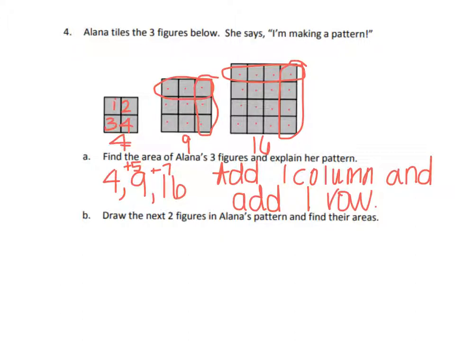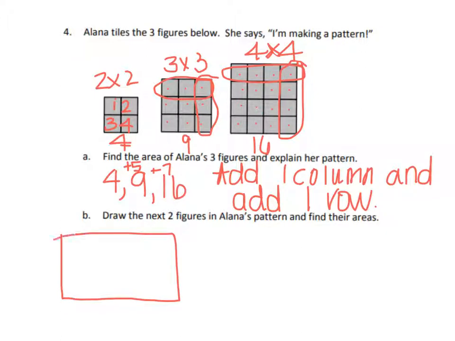Now it says to draw the next 2 figures in Alana's pattern and find their areas. So here we had a 2 by 2, then we had a 3 by 3, and here was a 4 by 4. Okay, so the next one is going to be a 5 by 5. So I'm going to draw a square as best as I can.